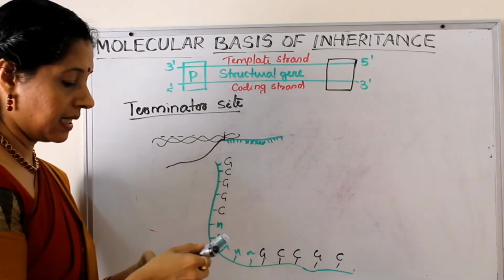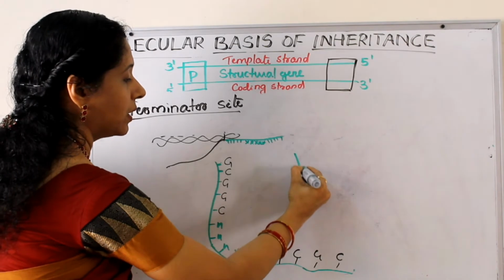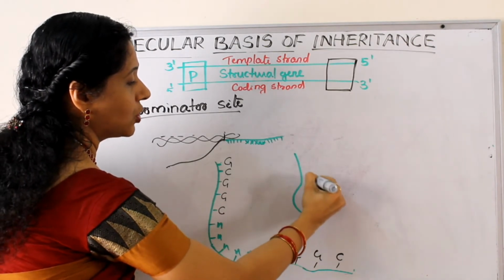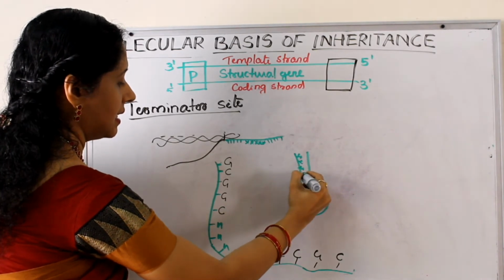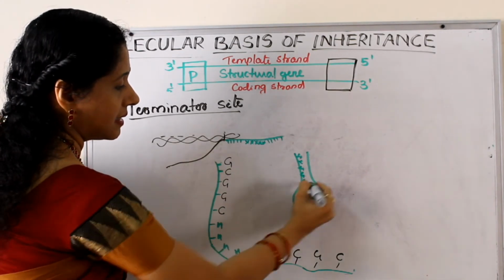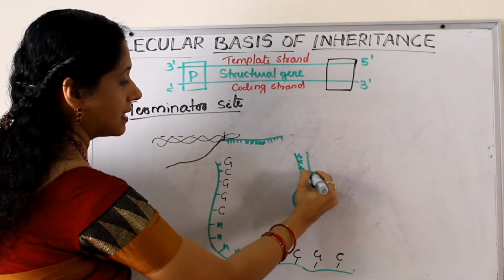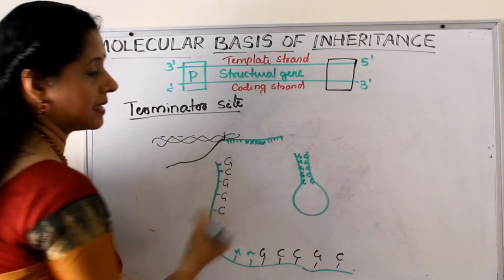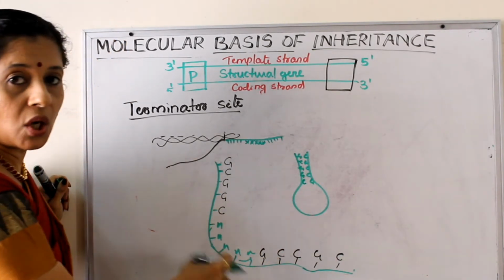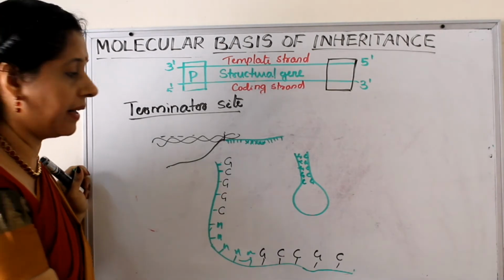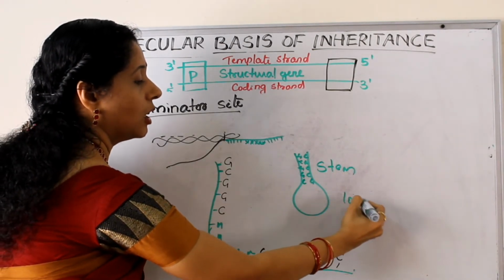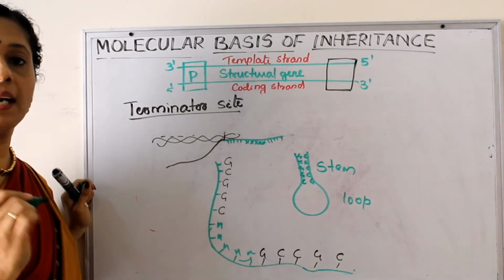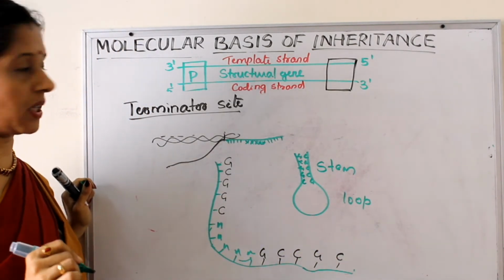So this RNA can fold and join back. This GC, GC, GC, on this side what will come? GC, CGC. And this part which does not have base pairing or complementarity will act as a loop. So this is the stem and this is the loop. This is called a hairpin loop or stem-loop structure.